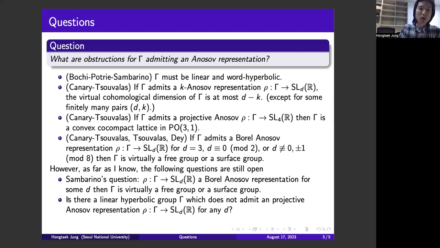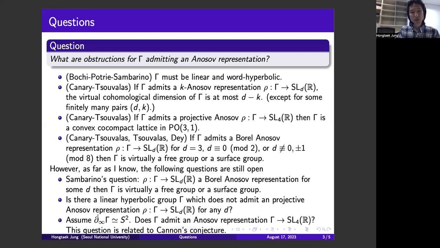But a concrete example has not been found yet. I don't know whether this particular assumption helps to find such a counterexample, but suppose that the Gromov boundary of Gamma is the 2-sphere S^2.